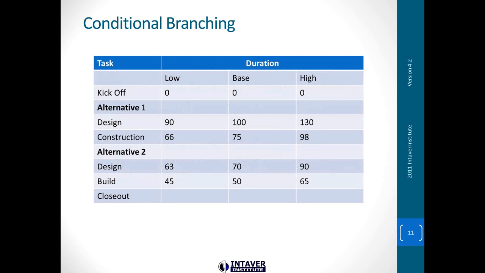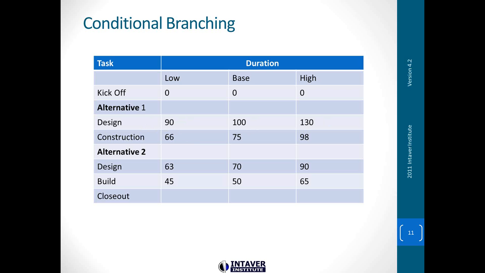So it's going to look something like this. We have a kickoff, we have an alternative 1, which has a design and a construction, and we have an alternative 2, which is design and construction, and then a closeout. What you can see about this one is the design one has some more uncertainty.